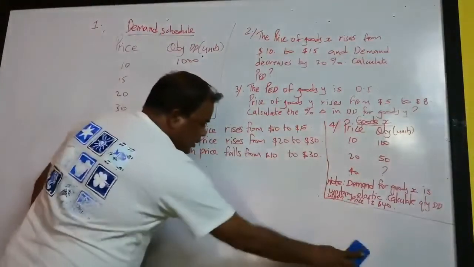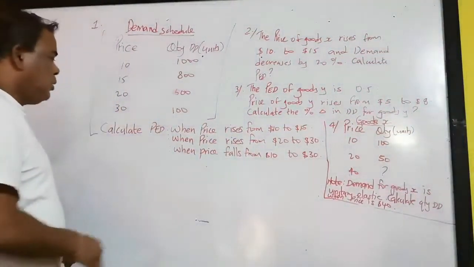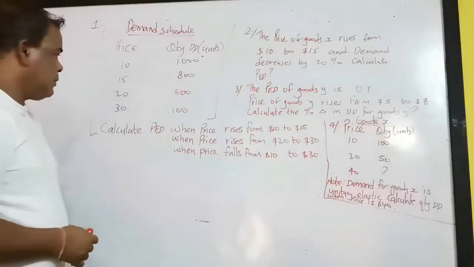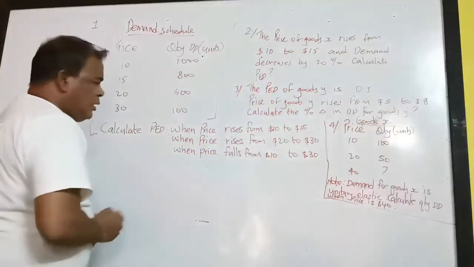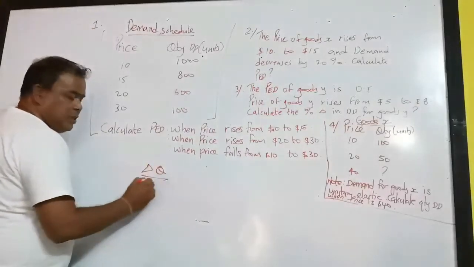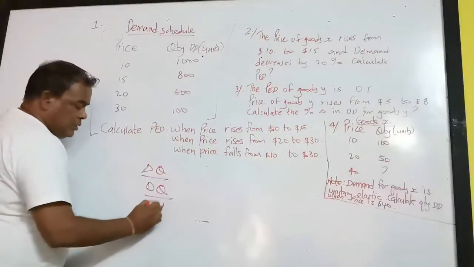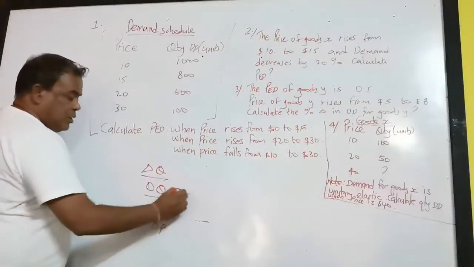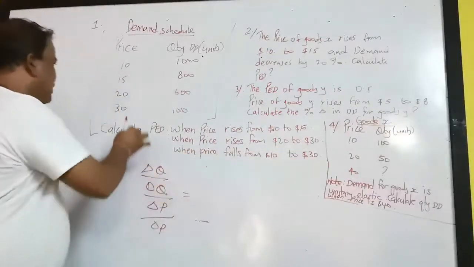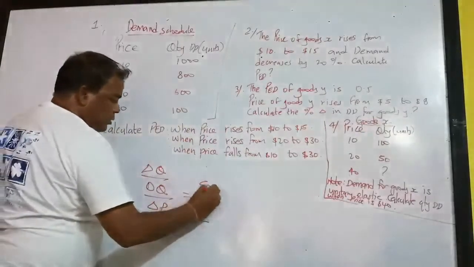Now, we are going to see a second question on the same demand schedule. When price rises from 20 to 30, again we apply the formula, change in quantity over original quantity, change in price over original price. Price rises from 20 to 30. What is the change in quantity? 500.